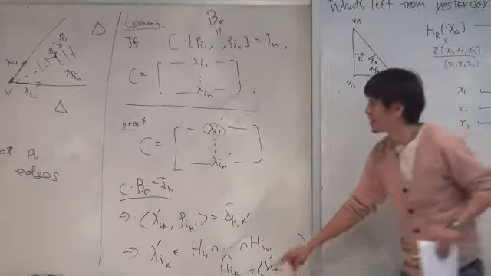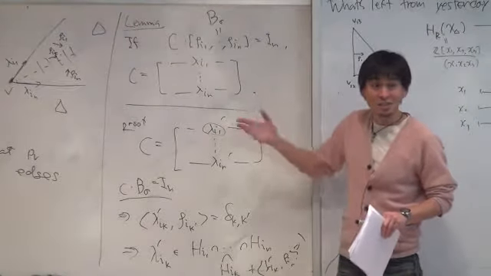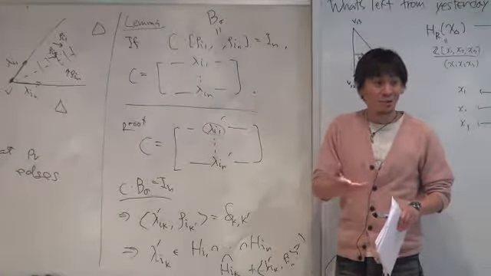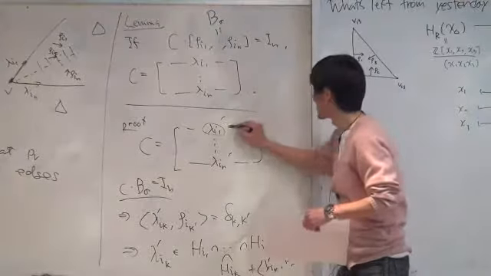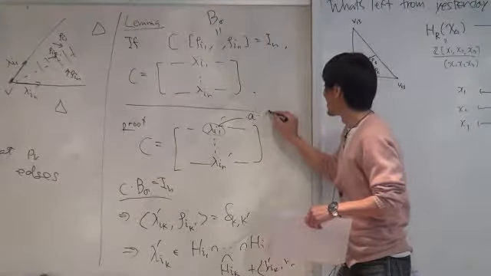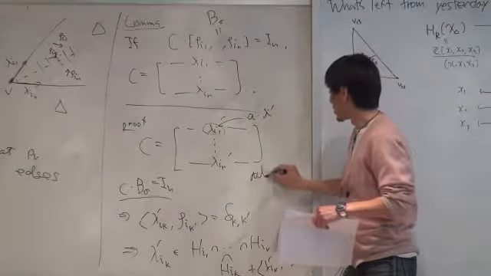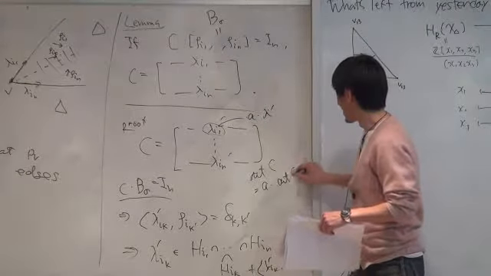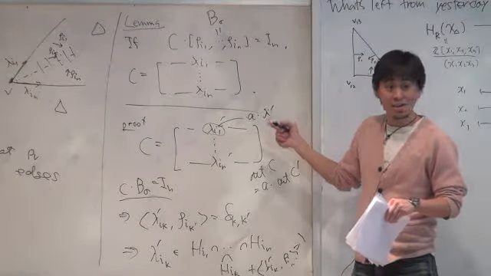So the first row of this C is a multiple of something else. But then the determinant is going to be the multiple of it. So if this thing is a times lambda prime, then the determinant of C must be a times the determinant of C prime, where you replace lambda I1 by lambda prime.